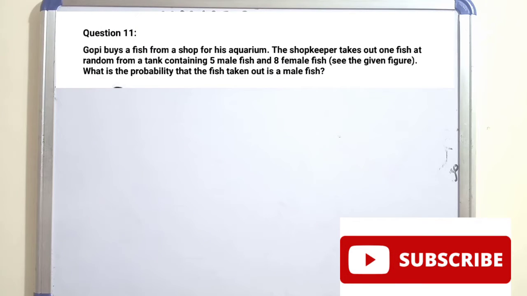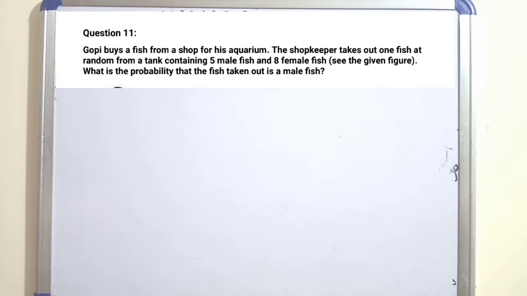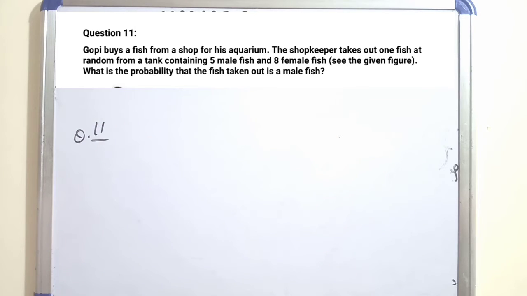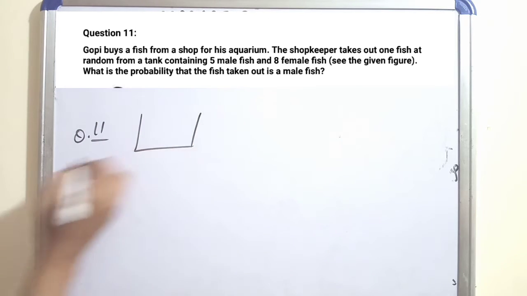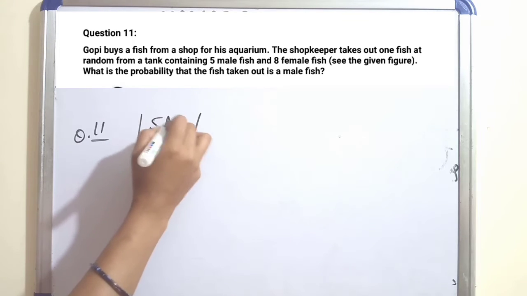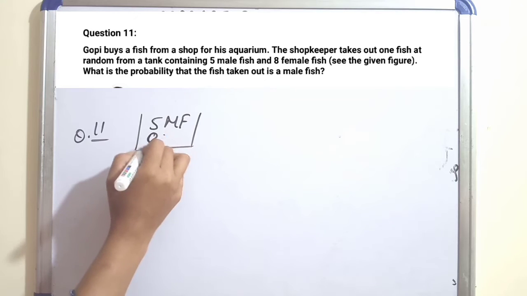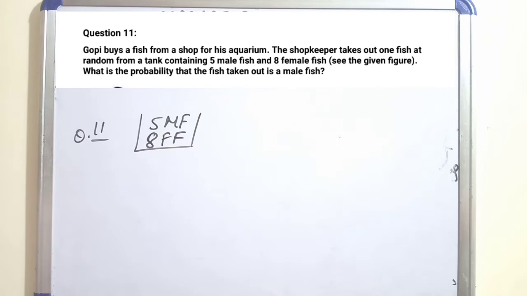Now next, question number 11. Gopi buys a fish from a shop for his aquarium. The shopkeeper takes out one fish at random from a tank containing 5 male fishes and 8 female fishes. What's the probability that the fish taken out is a male? So here given that suppose there are 5 male fishes and 8 female fishes.